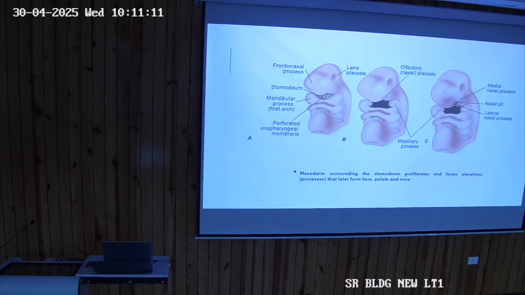Maxillary and mandibular processes are developed from first pharyngeal arch. Frontonasal process is mesenchymal growth just above the stomodium and below forebrain vesicle. Okay, development of face starts in the 4th week of development.